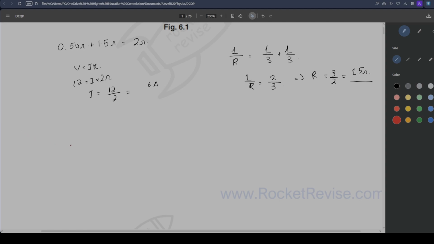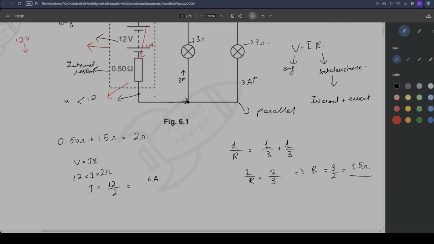So that's gonna be V is equal to IR. Our voltage is going to be 0.5, that's our resistance, multiplied by our current, which is 6. So that's gonna give us 3 volts. So this internal resistance is eating up 3 volts.